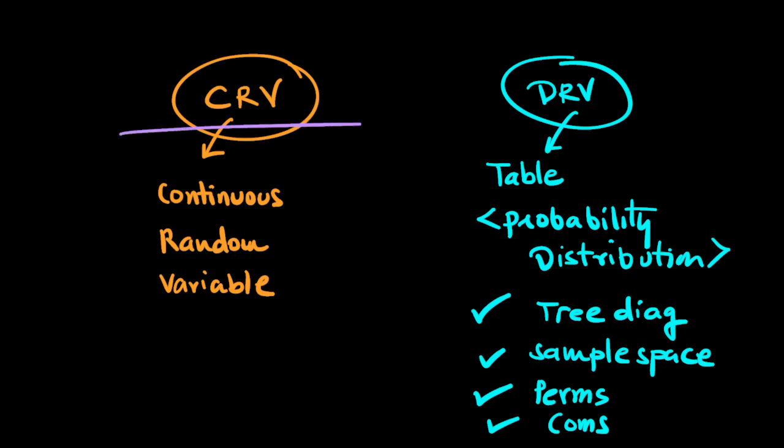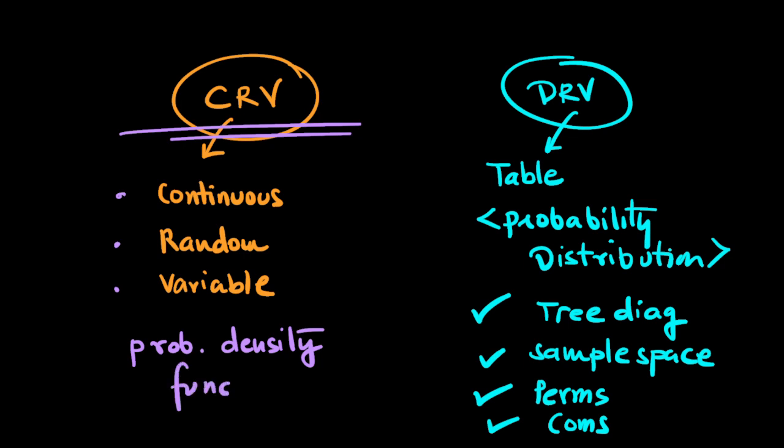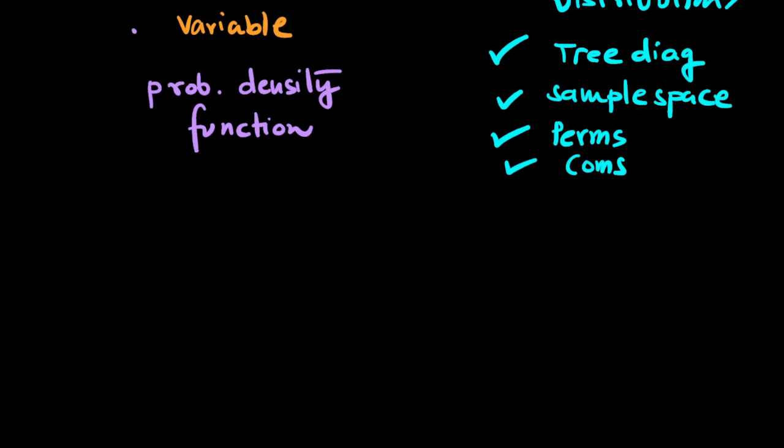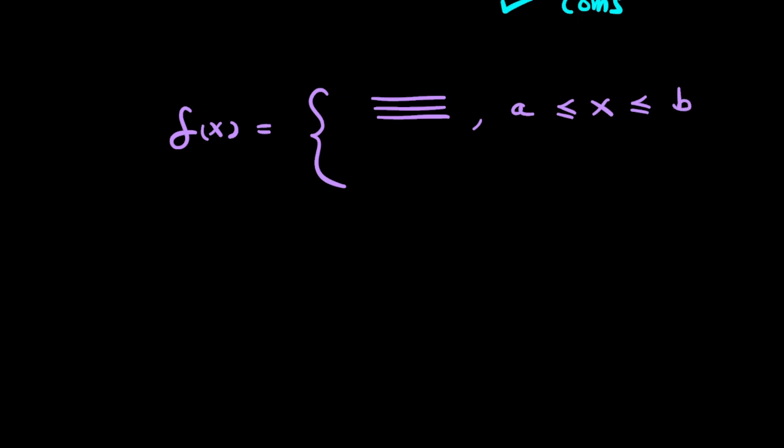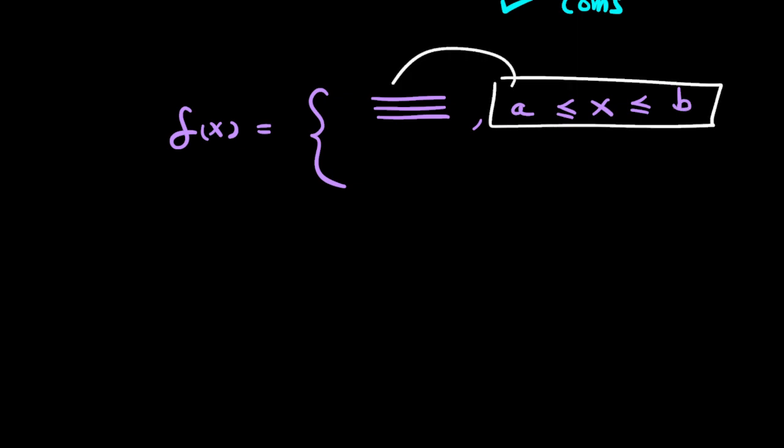But when we talk about CRV, continuous random variable, we now have a probability density function, a function that will generate probability for us, and this function will be valid for a certain interval. Let's say that the value of that variable would lie between a and b, and based upon this interval, this function will generate probability, and it will be zero otherwise. It won't work besides these limits.